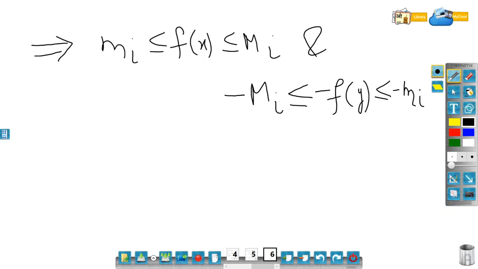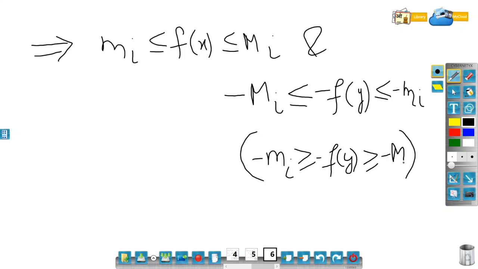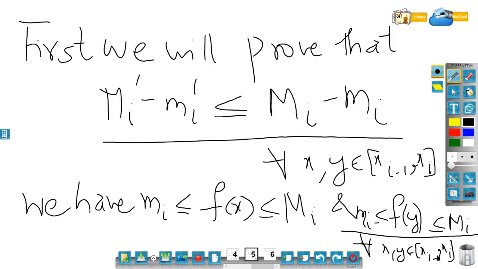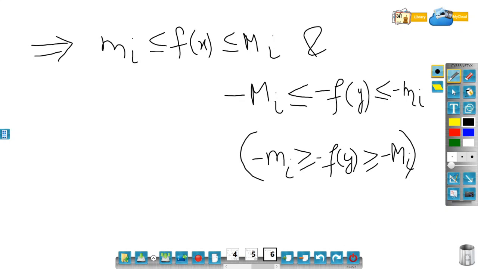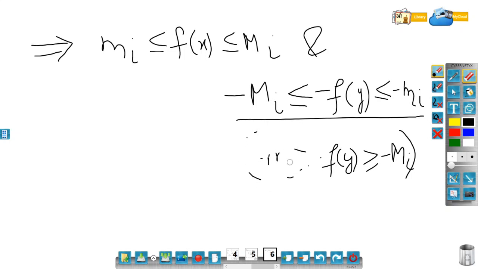Writing this greater-than form in a less-than form, minus capital Mi is less than or equal to minus f of y, which is less than or equal to minus small mi, since they mean one and the same.